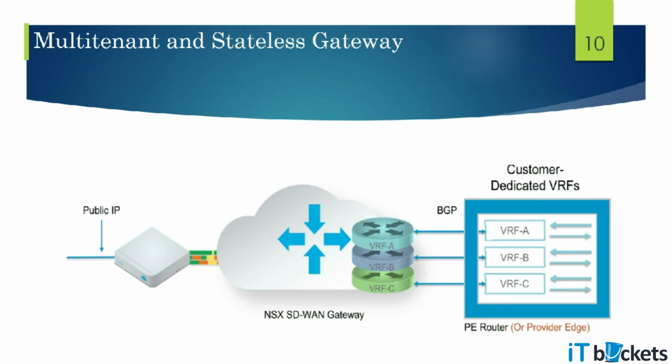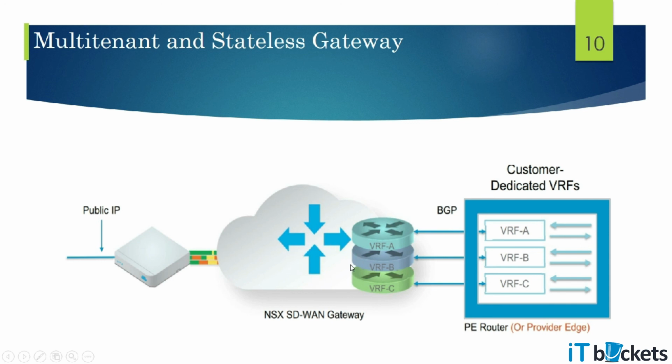Here is a multi-tenant and stateless gateway. In this diagram, in a very simple way, it shows that multiple customers can use a single gateway. As you can see, one gateway holds a number of VRF tables. Every customer has different VRF tables, A, B, and C, in a single gateway.